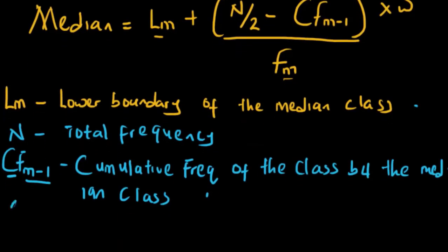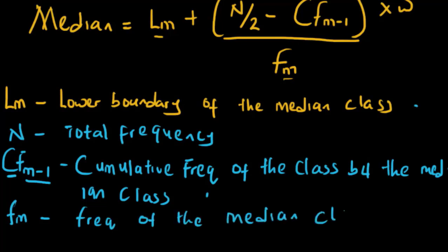Does that make sense? Then we've got FM, which is the frequency of the median class. Then lastly, we've got W, which is the class width.